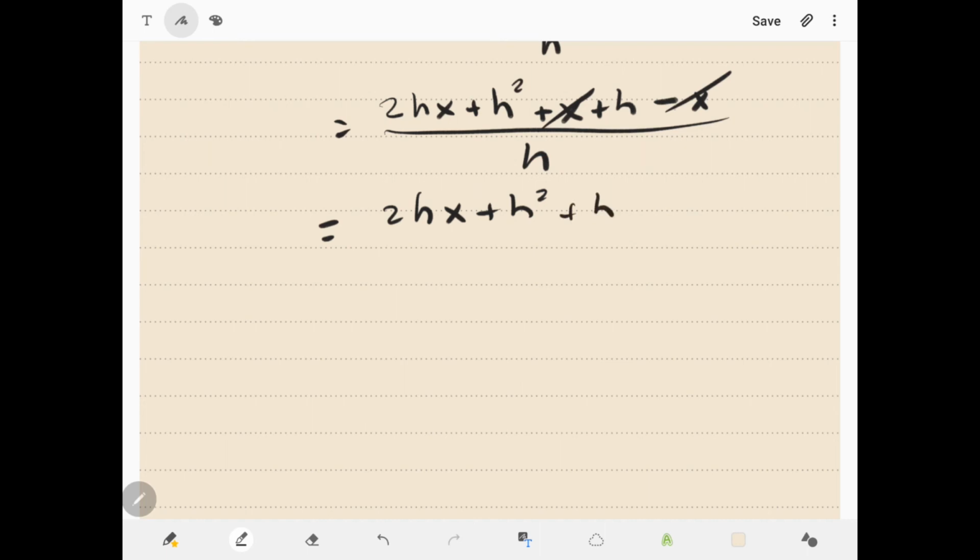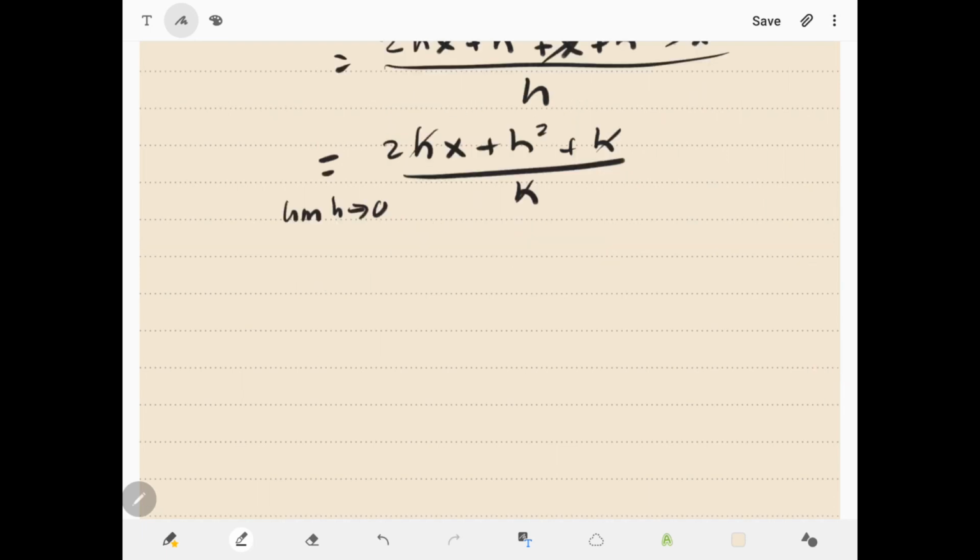plus h over h, as h approaches 0. Okay, so what we have left here is 2x plus h plus 1.